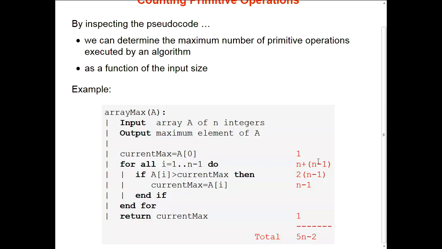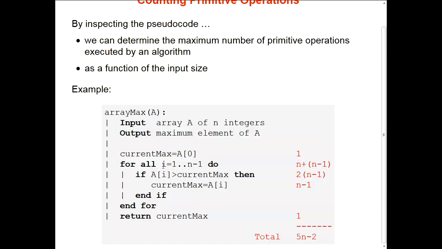So we have to execute the statement i equals i plus 1 exactly n minus 1 times. And we have to check whether i has not reached the end of the loop exactly n times. We have to do that one last time after we've done the last, the (n minus 1)th, increment of i, to check that now we have reached the end of that loop. So this loop has, according to my definition, n plus n minus 1 primitive operations that are being executed.